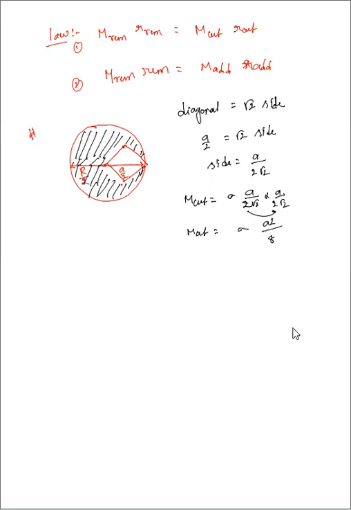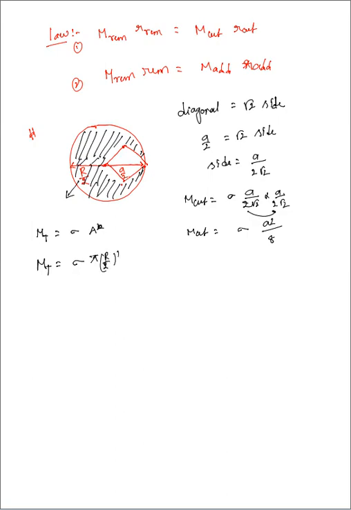Similarly, we are going to calculate the mass remaining. To calculate that, we first need the total mass. M total equals sigma into A, where A is pi R square. In place of R we have the radius R by 2, so R by 2 whole square.